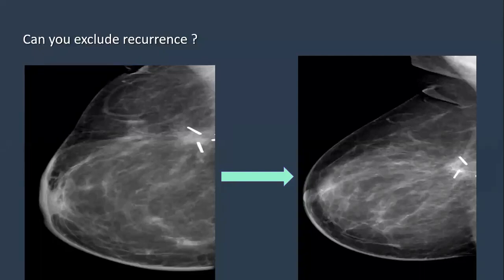If it is coarse calcifications, you have large calcifications in that area with fat necrosis. Now you have a ball of calcifications due to fat necrosis at the site of operation, and you have a follow-up. How are you going to look at that calcification as a predictor for recurrence?